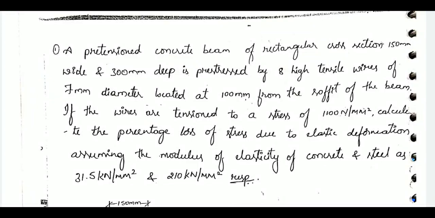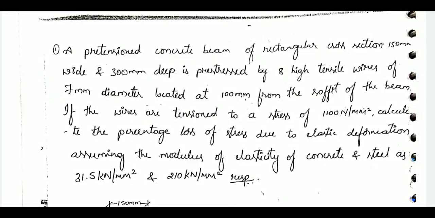If the wires are tensioned to a stress of 1100 Newton per mm square, calculate the percentage loss of stress due to elastic deformation, assuming the modulus of elasticity of concrete and steel as 31.5 kN per mm square and 210 kN per mm square respectively.